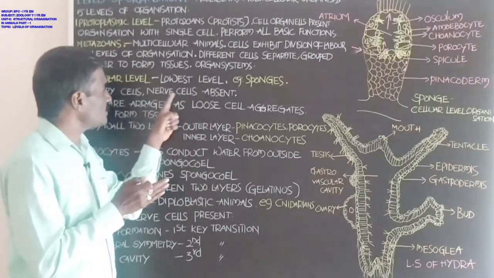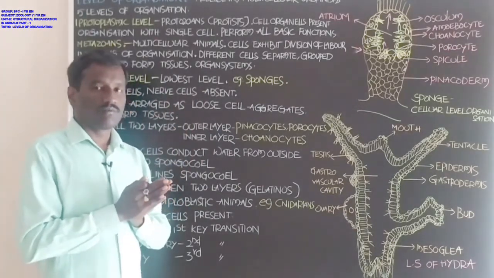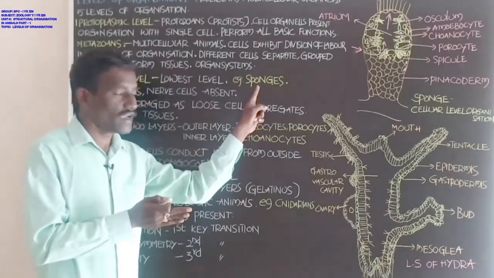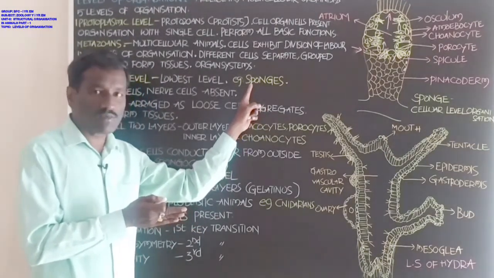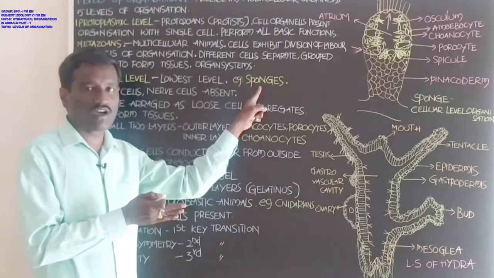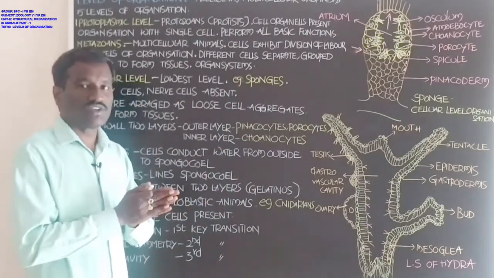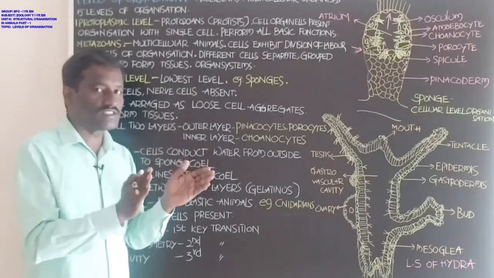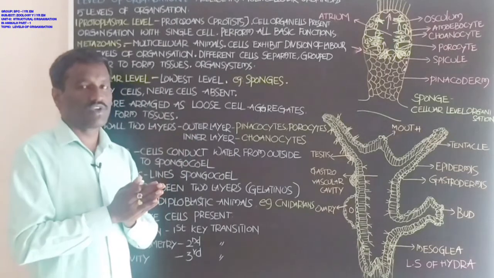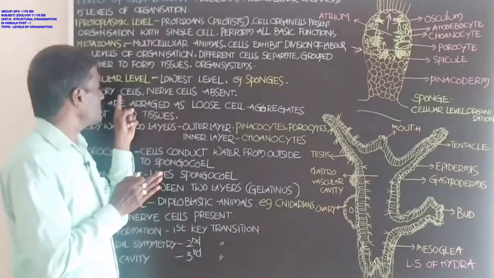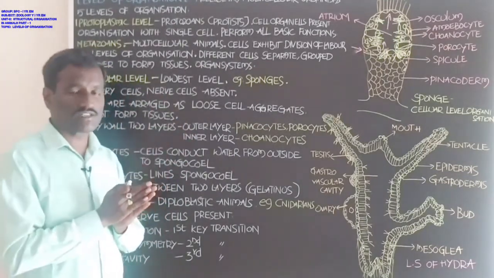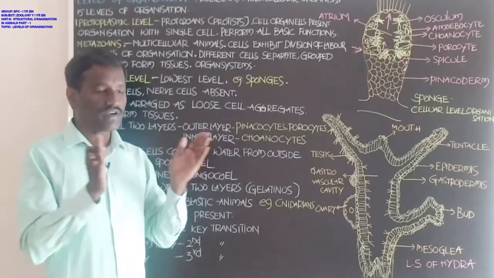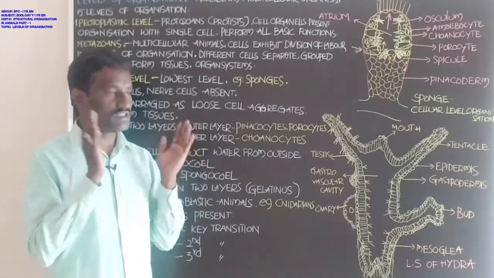Sensory cells and nerve cells are absent. Because of the absence of sensory cells and nerve cells, there is not much coordination between the cells.